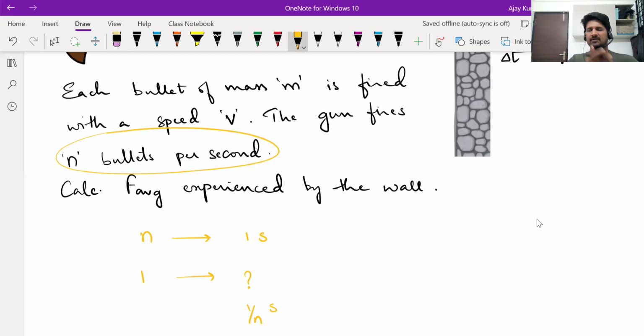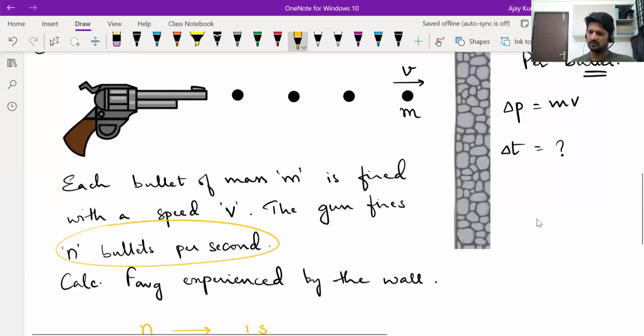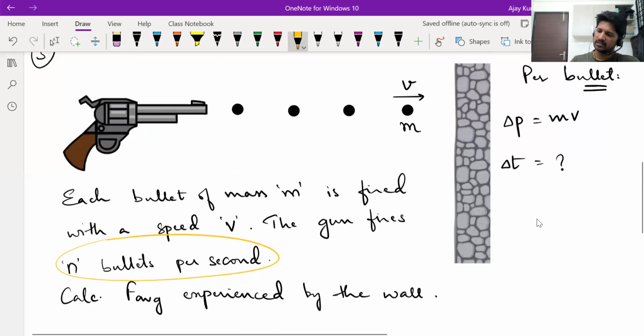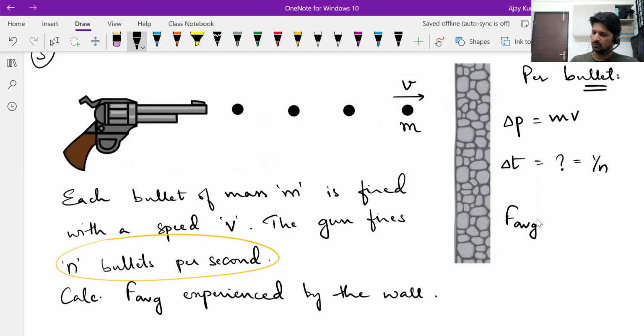That means if 10 bullets are fired in 1 second, each bullet is fired in 1/10 of a second. So if n bullets are fired in 1 second, each bullet is fired in 1 by nth of a second. That is the idea. So the time after which each bullet strikes the wall is 1 by n. Therefore, the average force experienced by the wall is change in momentum divided by time taken. The answer is nmv.